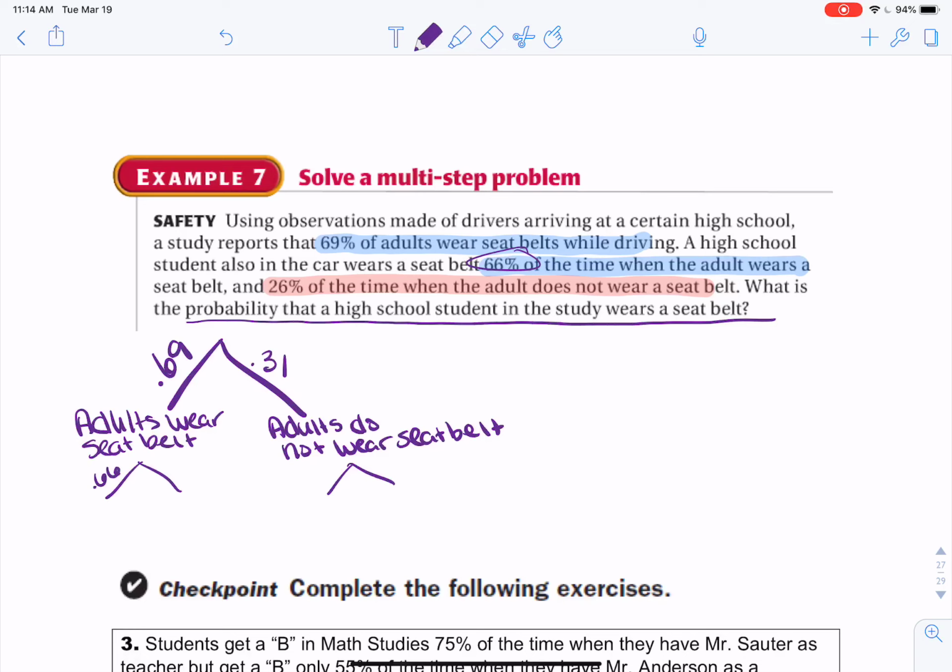To figure out how many are not, we have to take 100 minus 66, so 34% then of students are not wearing their seatbelt. So this is student wears seatbelt, and student does not.